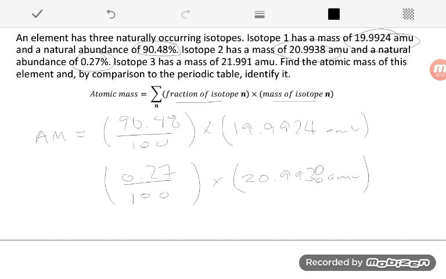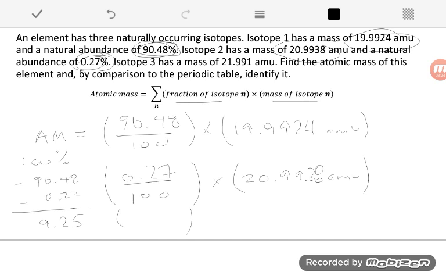All right, isotope 3. Notice that isotope 3 does not list a natural abundance, so it might seem like you're missing some information. However, since these are all percentages, we know that my percentages all have to add up to 100%. So if I want the percentage of the last one, I just subtract these two from 100. So I have 100% total, and if I take away 90.48, and I also take away the 0.27, I'm going to get 9.25.